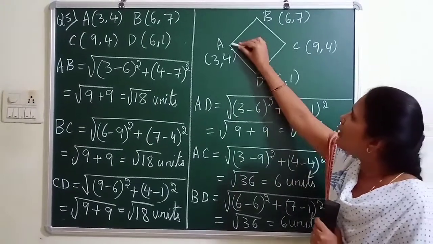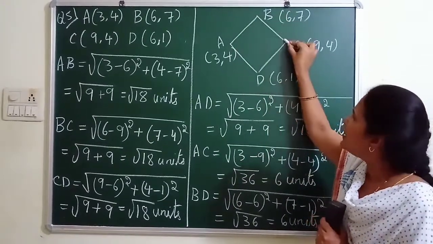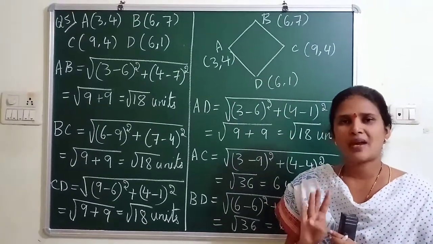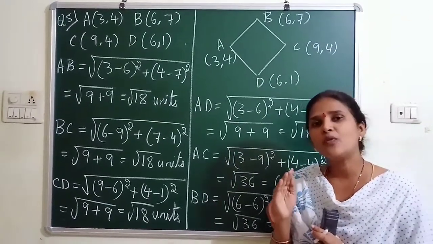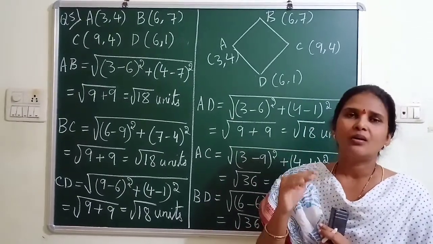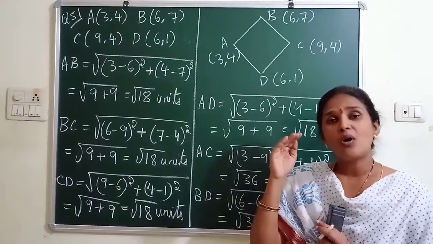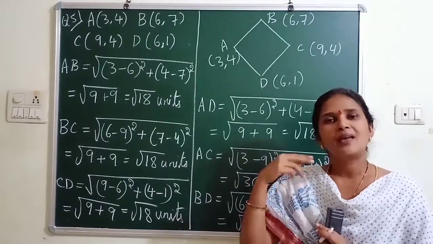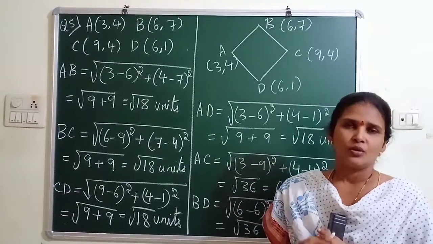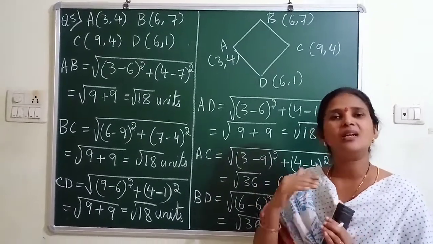So for that we have to find first AB, BC, CD and AD. Means we have to find four sides. Means we have to check whether all four sides are equal or not. The main point is first we should check all four sides are equal. If all four sides are equal, again the question arises whether it is a square or a rhombus. So to differentiate that, we need another point.